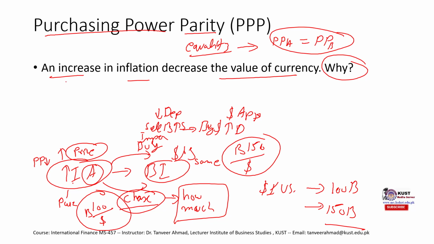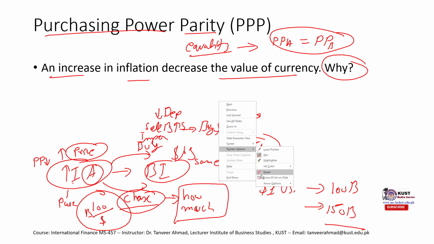So what we just discussed is that the increase in inflation would decrease the value of currency. We have just discussed the reason, and we have already understood this multiple times during the lecture on determinants of exchange rate. Okay.